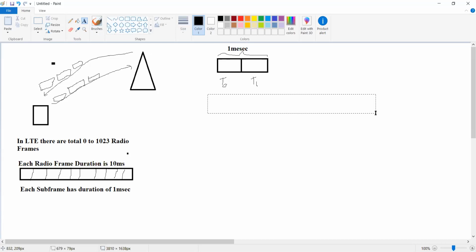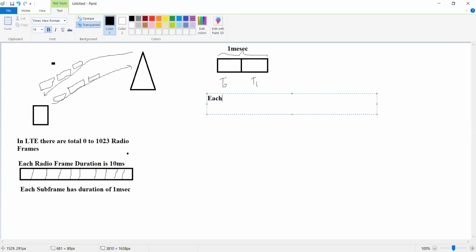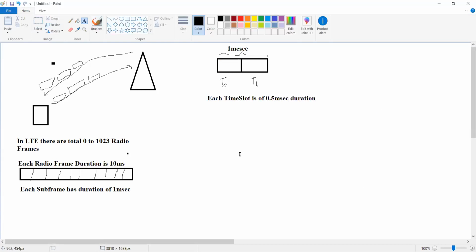Why are we dividing into time slots, subframes and radio frames? In order to allocate data in the subcarriers or in the RBs.